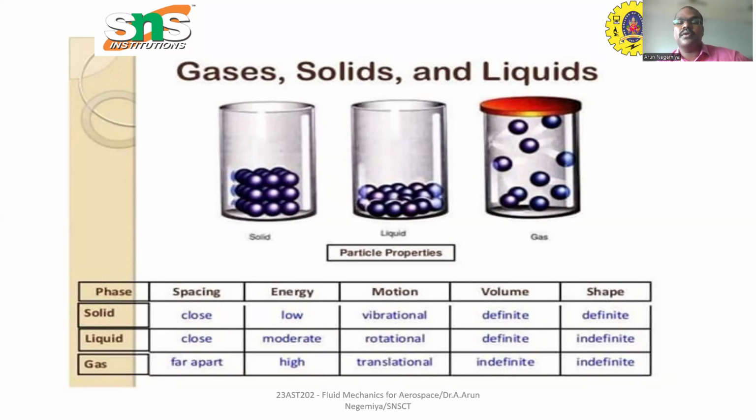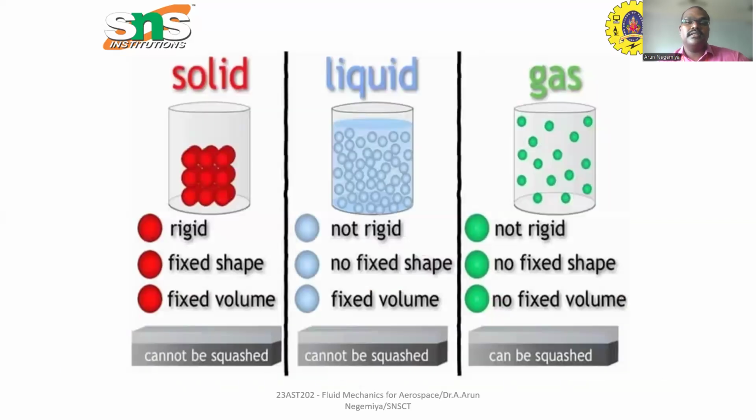In gas, for example, if you fill air using a pump, the pump moves the air in a translational manner. These are some examples for solid and liquid.